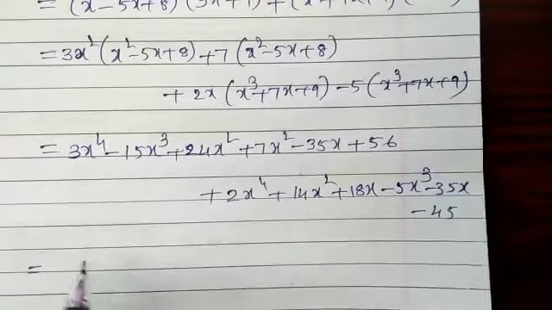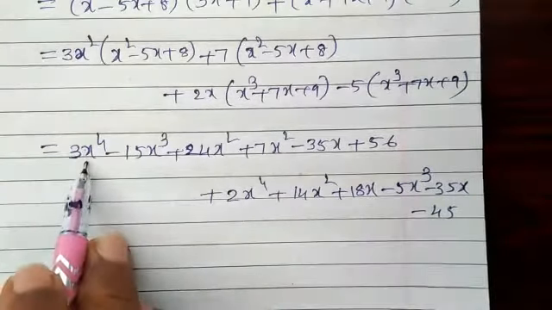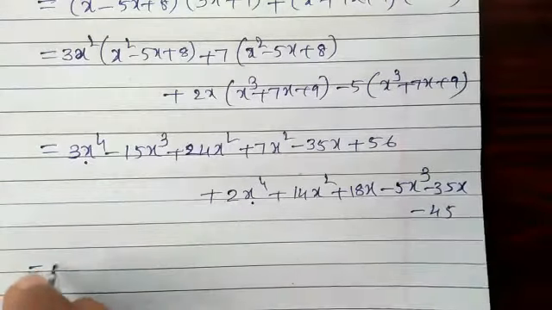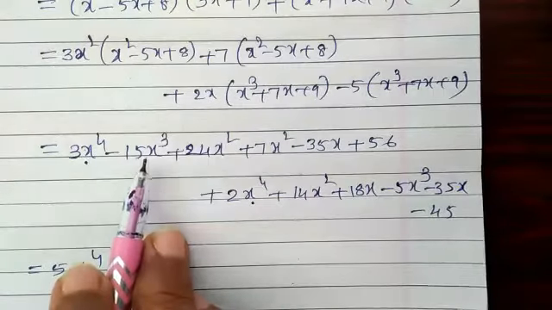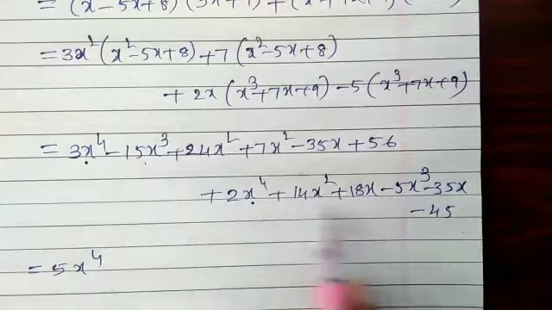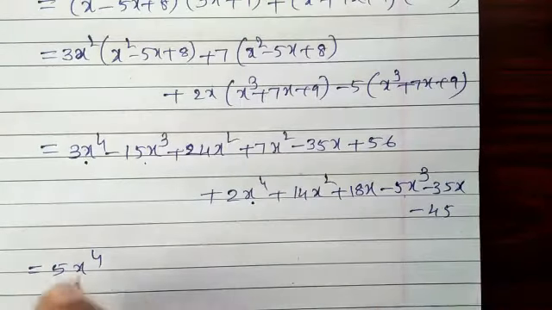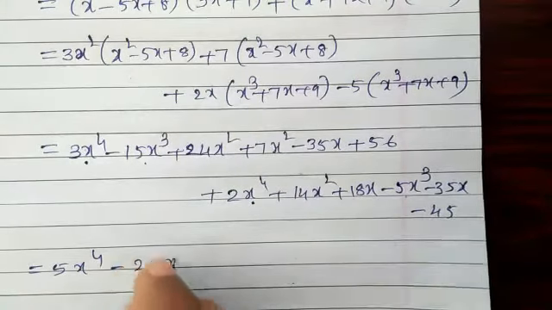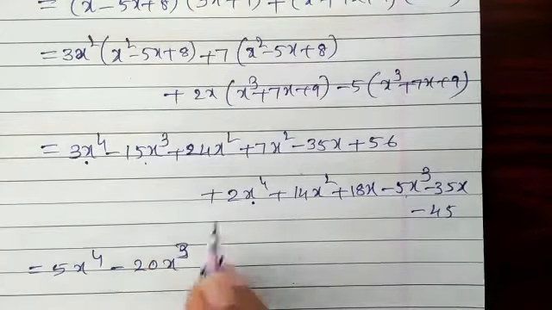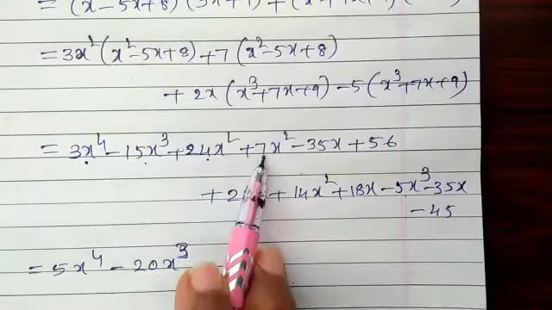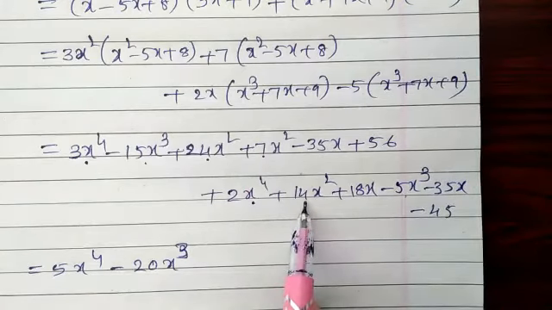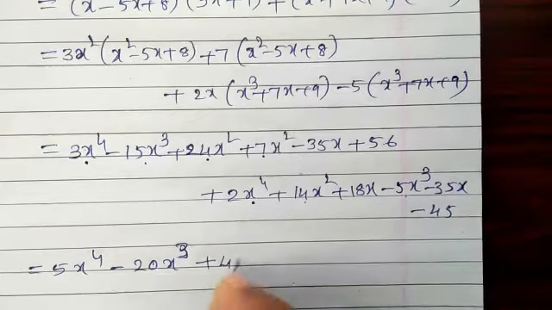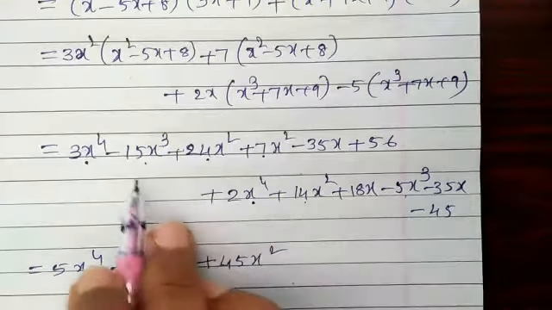Is equal to x to the power of 4 terms, 3x to the power of 4, 2x to the power of 4, totally 5x to the power of 4. X cube terms, minus 15, minus 5, minus 20x cube, 24 plus 7, 31, 31 plus 14, 45 plus 45x square.